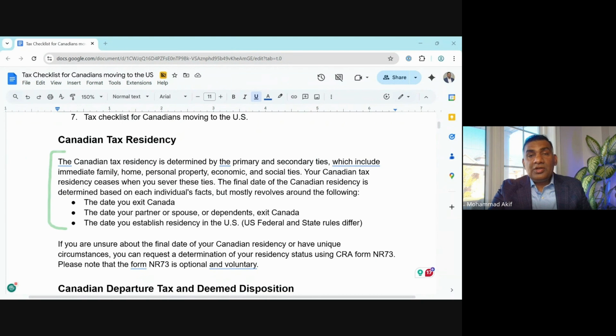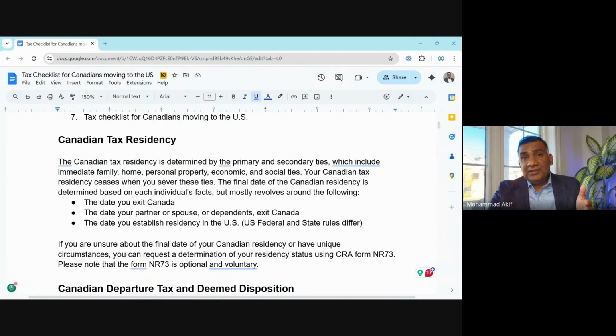So again, if you are not sure, then fill out the NR73 form, send it to the CRA, and then let them make the determination for you, which is very important, right? We need the determination to be done, and we should know whether you are a resident or not, because it matters. So this is how the Canadian residency is determined.